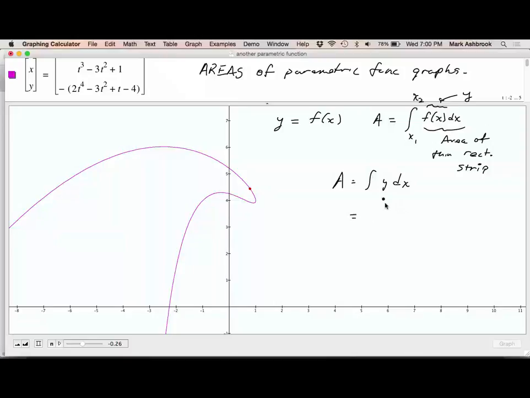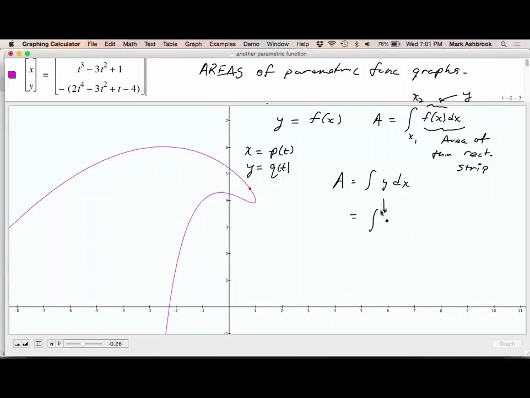So what is y? We know that in parametric, y is some function of t. So let's say x is p of t, and y is q of t, okay? That's parametric functions. x and y are each some function of a parameter t.